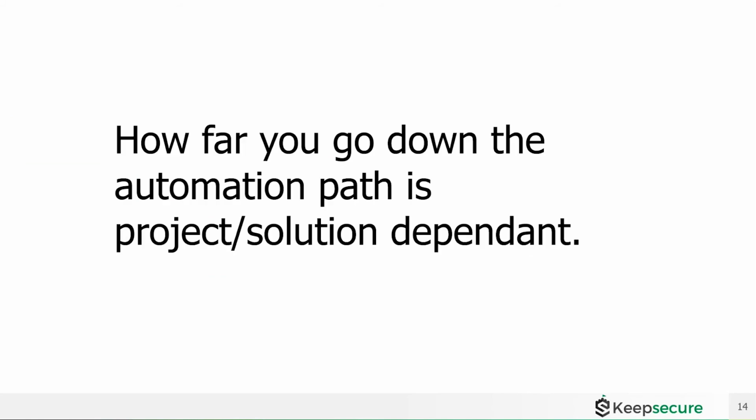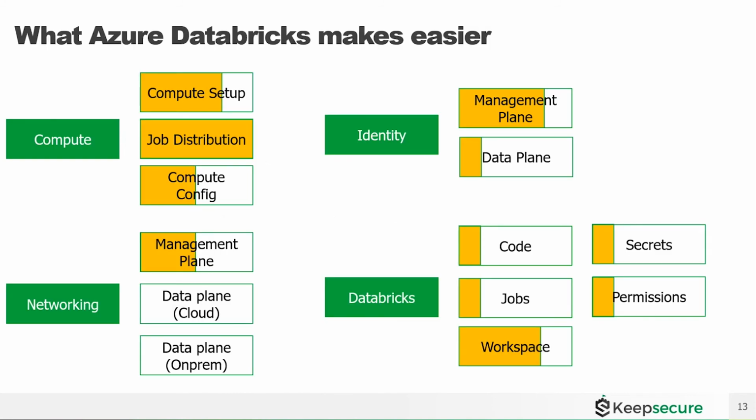How far you go down the automation path is always going to be project and solution dependent, right? If I go back a slide, I'm not suggesting that all of these things always have to be completely automated.